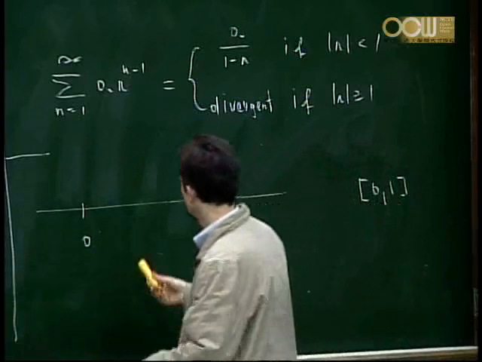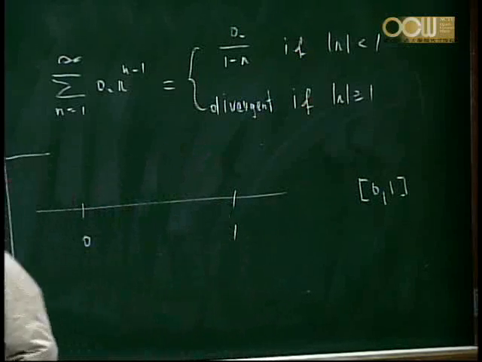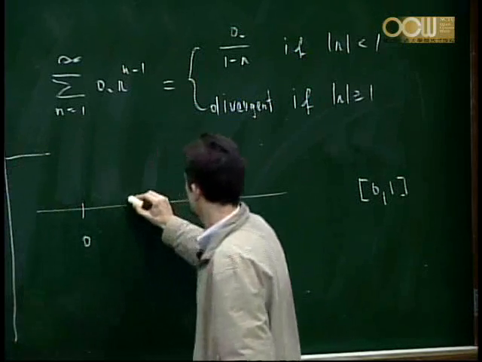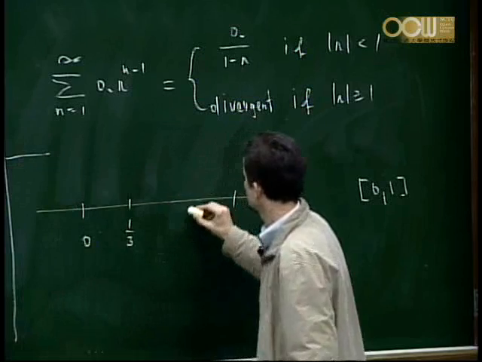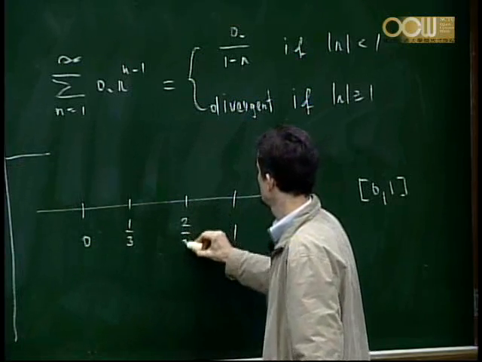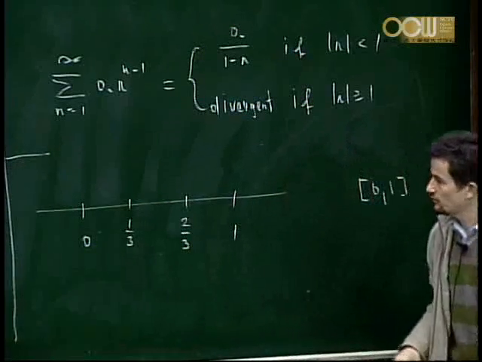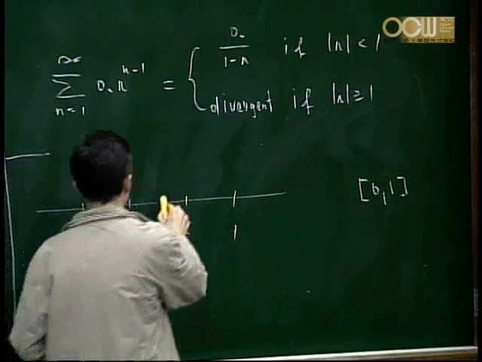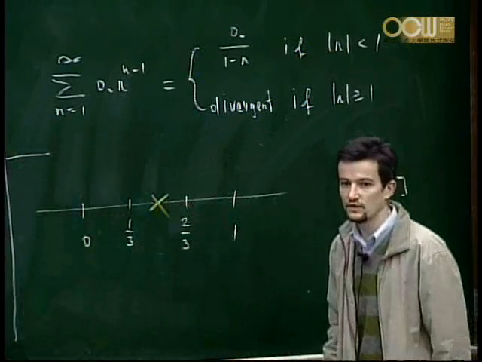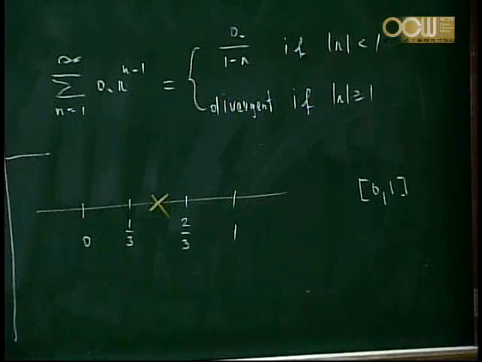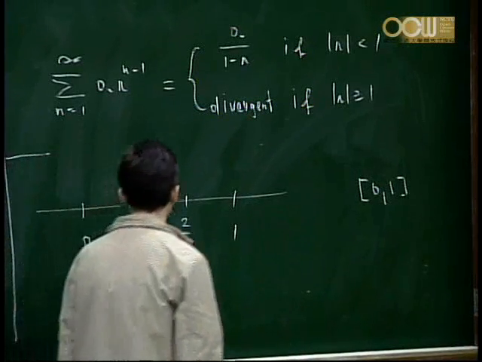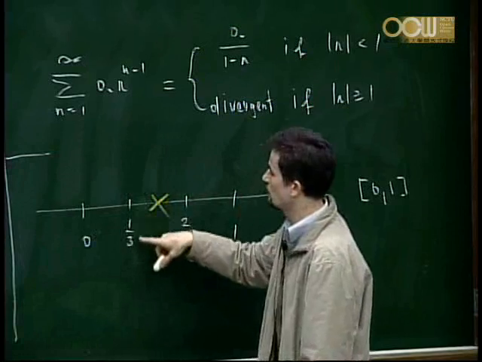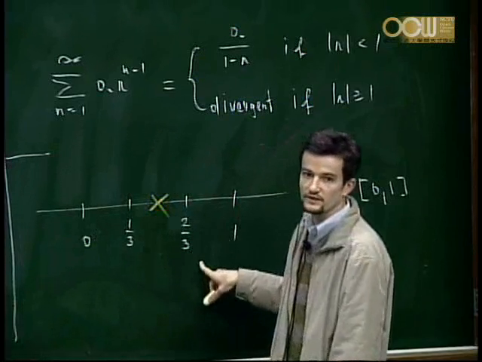So this is 1 over 3, this is 2 over 3, here 1. We remove the middle. Actually what we remove is the open interval from 1 over 3 to 2 over 3.